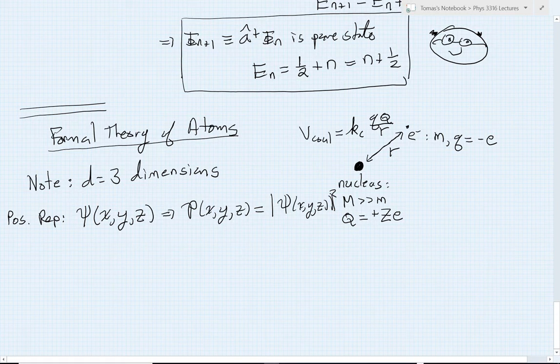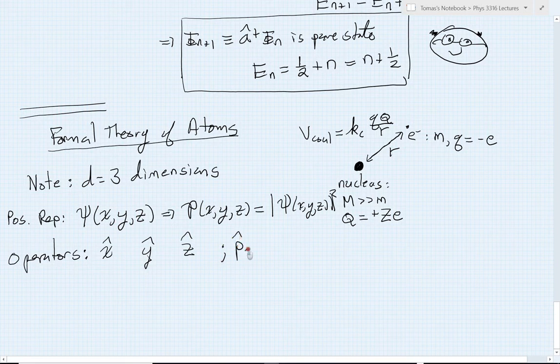The next thing, of course, that we need once we have a representation is access to the corresponding operators. Now, these operators in this position representation, there's more of them now. We have not only an operator that gives us the average value of the x-coordinate, we also need an operator for the average value of the y-coordinate and for the z-coordinate. And also, we're going to need these for the momenta.